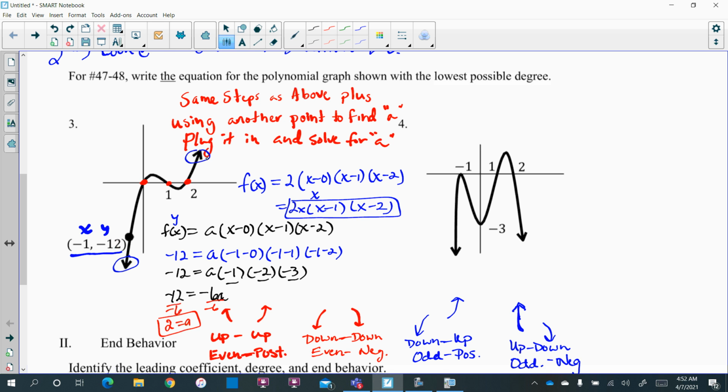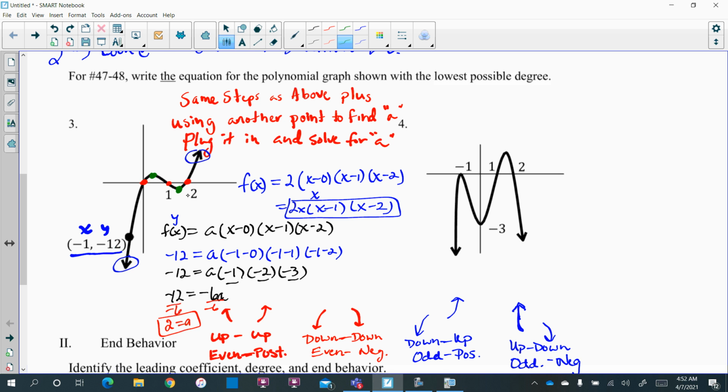Also, this is the shape of an odd degree, and if I look here, I have 1, 2, 3 factors, which means it's odd. And with 3 factors, I should have 2 turning points, which I do: there's 1, there's 2. So it's all lining up.